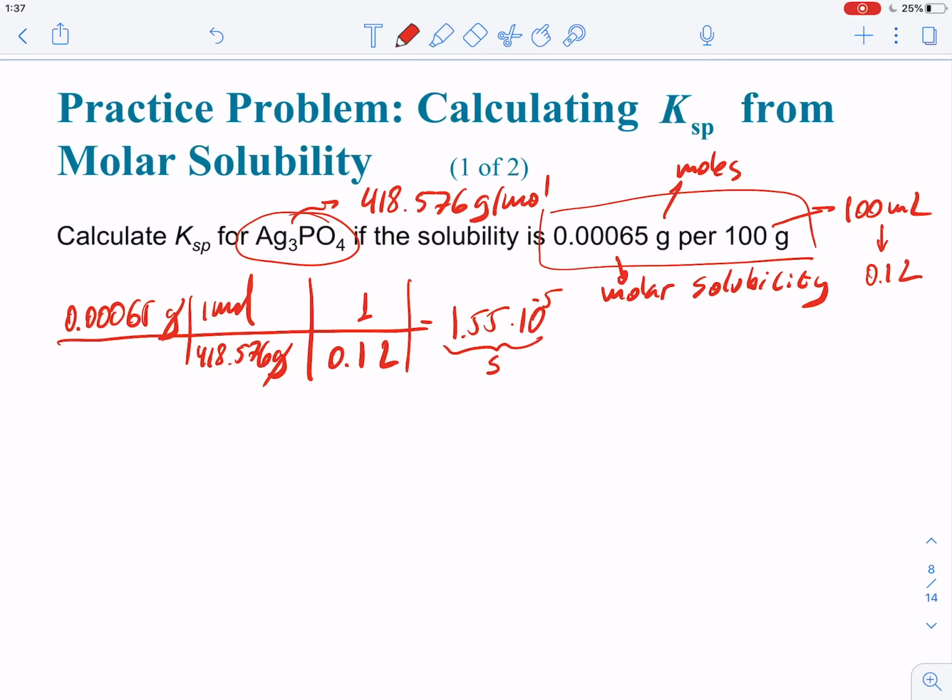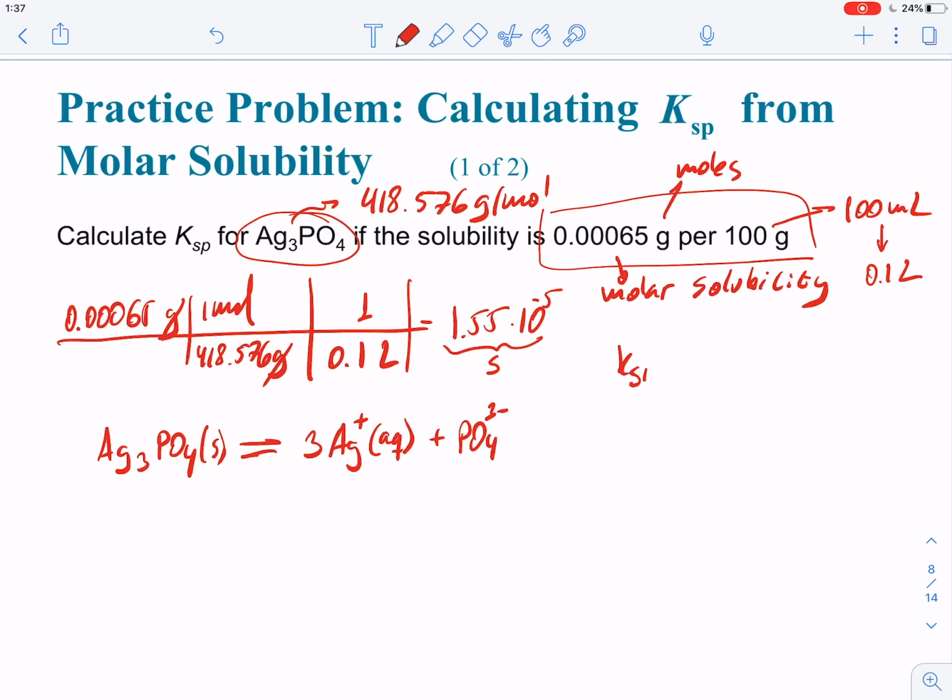So our reaction here is going to be silver phosphate. Let's do it formally. The solid in equilibrium with 3 silver ions and 1 phosphate ion. Okay?